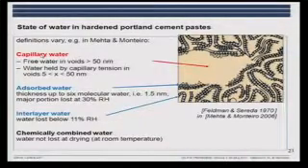We have the capillary water, which is the free water in the large pores. We have the water held by capillary tension. And then we have the adsorbed water, similar to before. And we have the interlayer water in here. And then what we don't show here, we have the chemically combined water in the other hydrates.